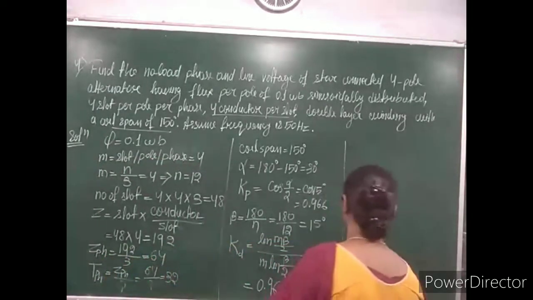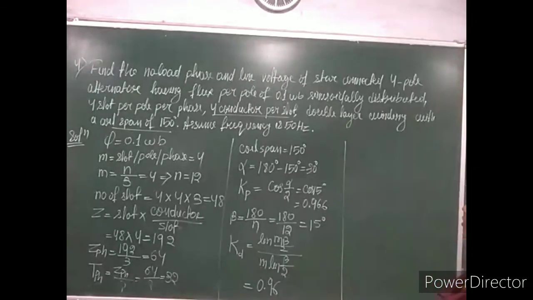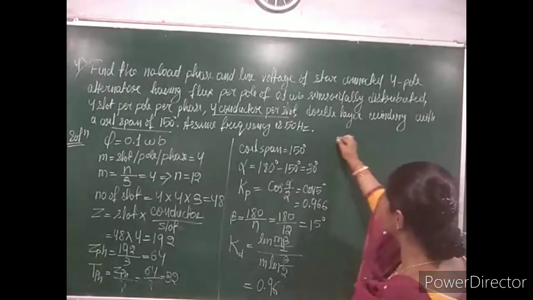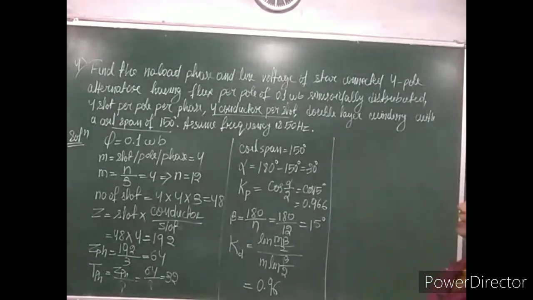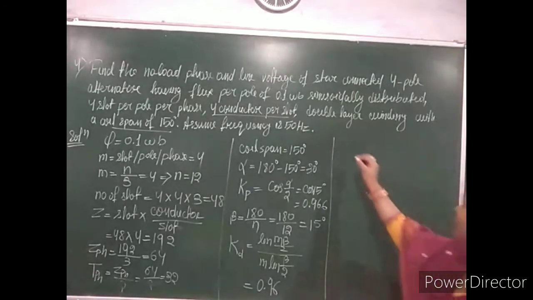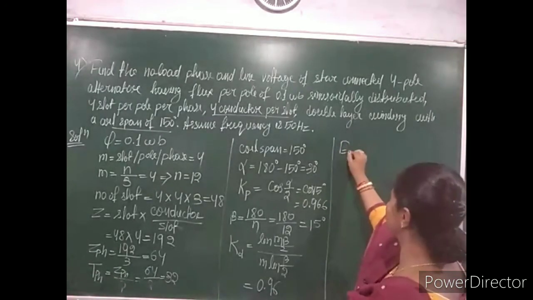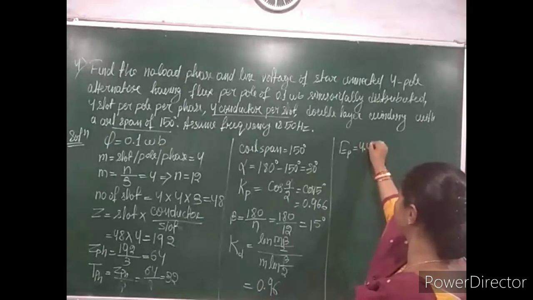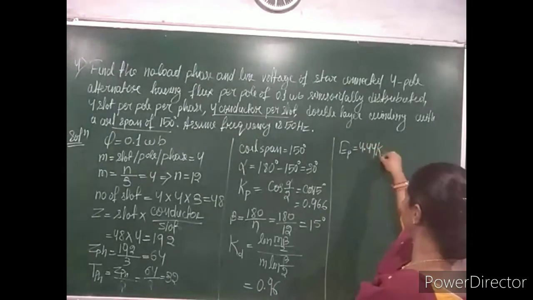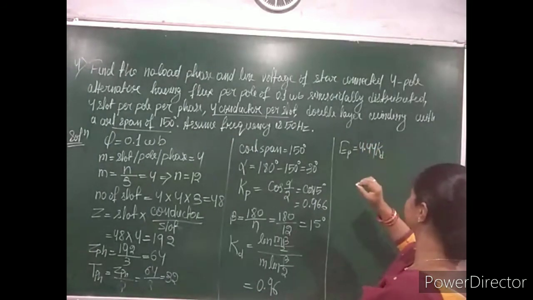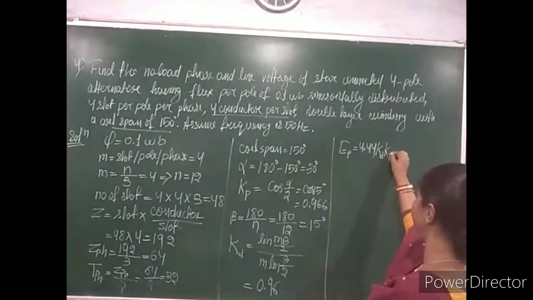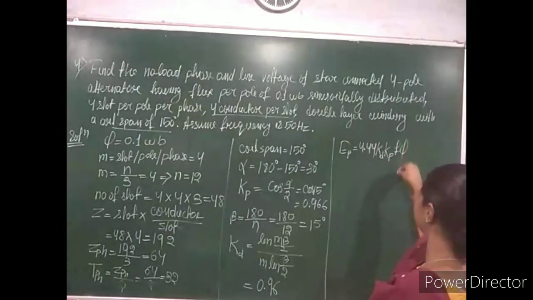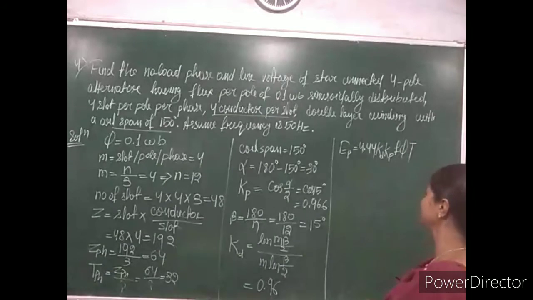Now we have all the parameters required for finding the generated EMF per phase. You know the generated EMF per phase formula is 4.44 times winding factor, that is distribution factor into pitch factor, into frequency into flux into turns per phase.